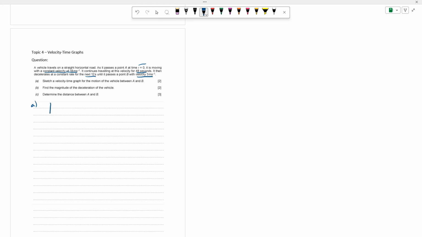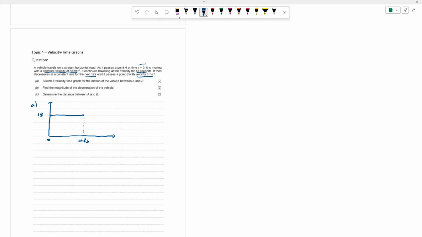When you're sketching a velocity time graph, it doesn't have to be to scale, as long as you label your key points. At time 0, it's at a velocity of 18 meters a second, and it travels at that constant velocity for 48 seconds. I like to put some dotted lines in to help.